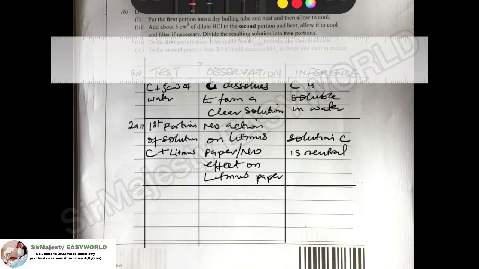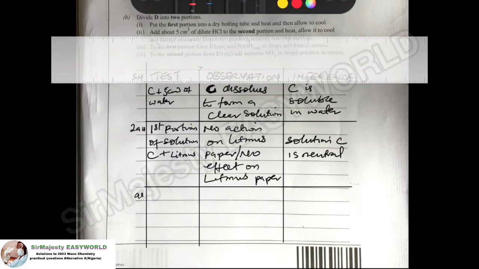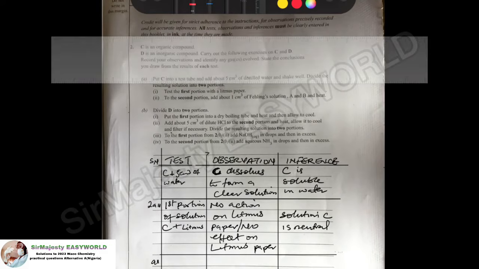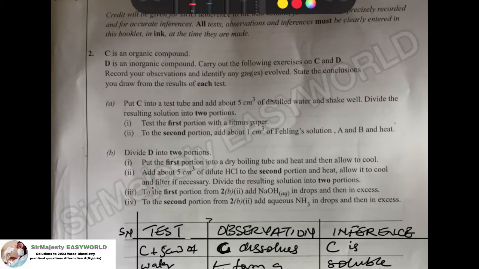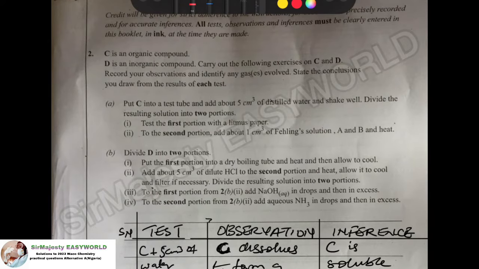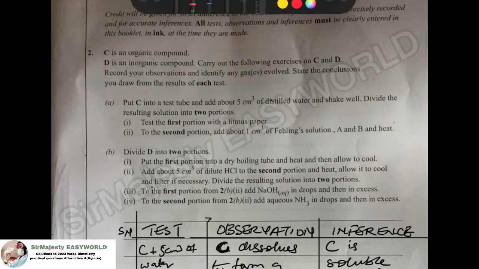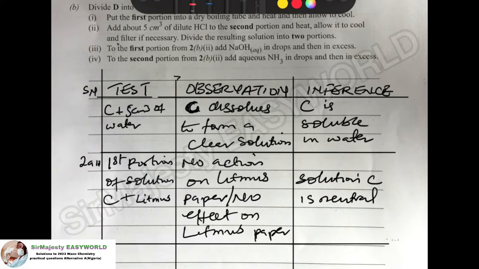Then the next one says to the second portion, add 1 cm cube of Fehling solutions A and B and heat.